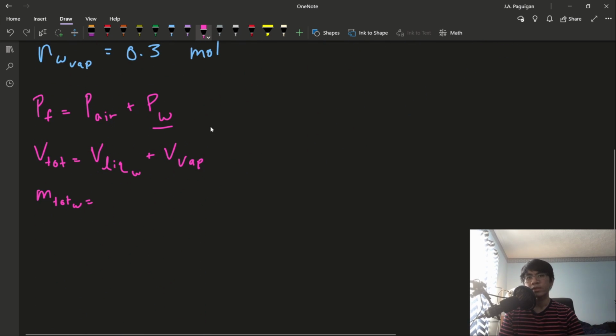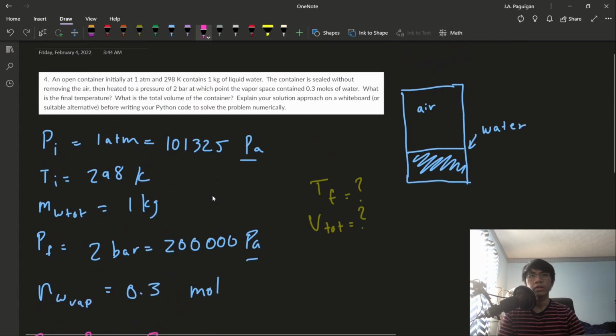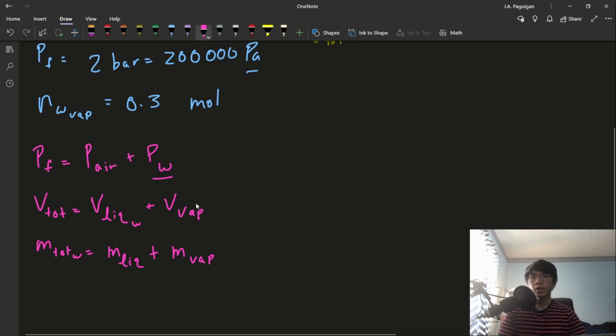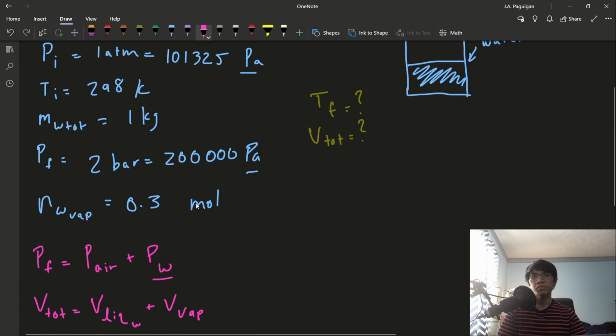And since we close it, it's not like there's going to be more or less coming out since the system is closed. So we're going to use mass of the water total equal to our mass of the liquid and the mass of the vapor, since we know both exist at the end when the container is heated up. All right, those are the more obvious ones from this.